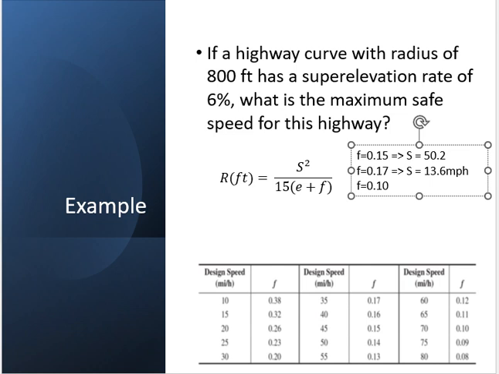Now for these four guys, can you change the f value and give the other answers? 52.1. 50.2 for the 0.17. 52.5. 52.1. 52.5. And for this one, 43.